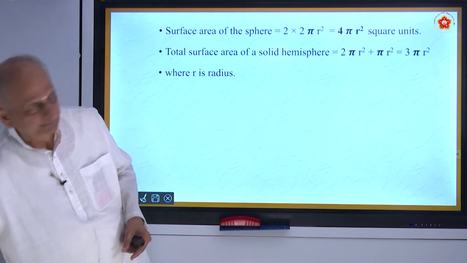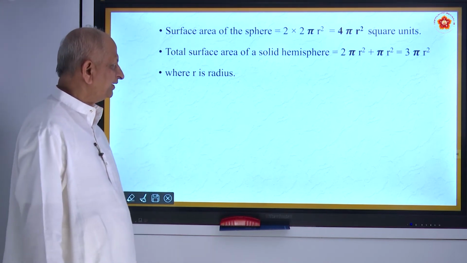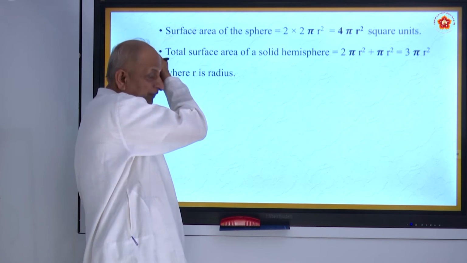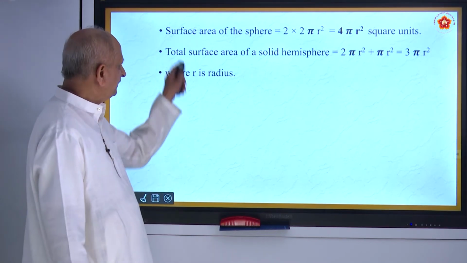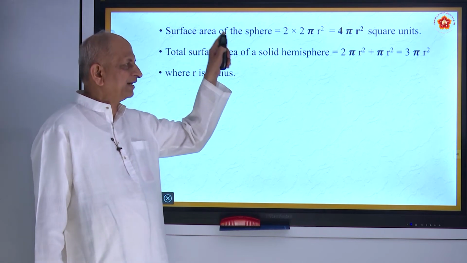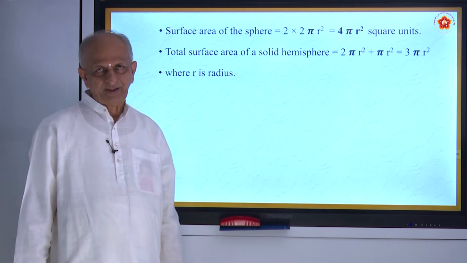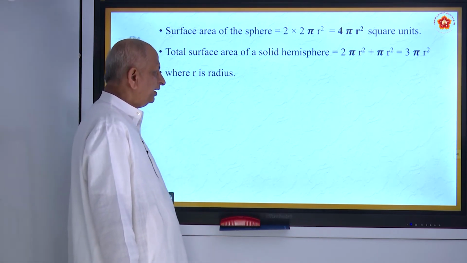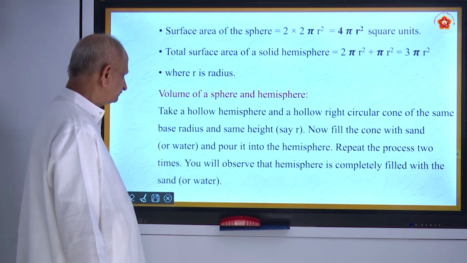That is called the radius. So you have 2 pi r square plus pi r square, that is 3 pi r square. That is the total surface area of a solid hemisphere. And for a sphere, there is nothing like lateral surface, total and all. Only one area, that is 4 pi r square, double the area of the hemisphere, where r is the radius.